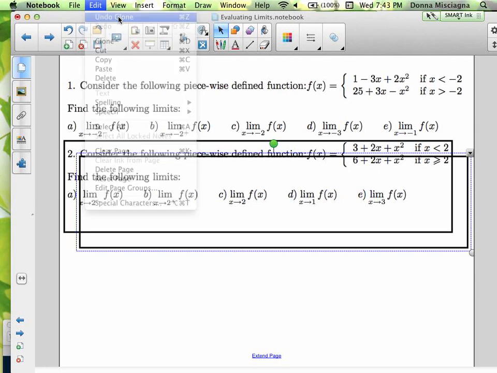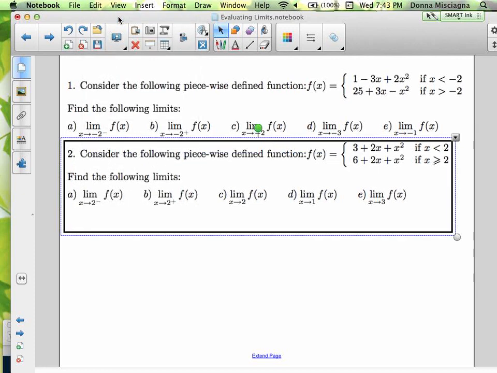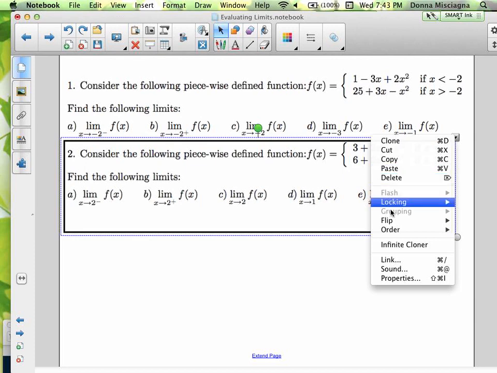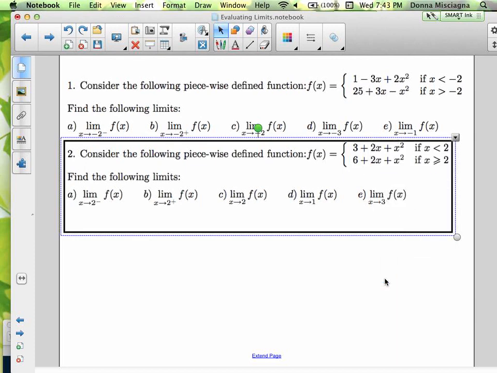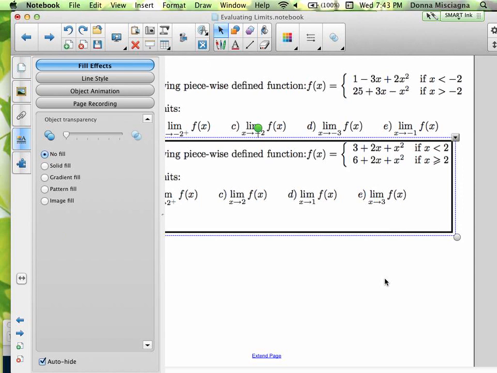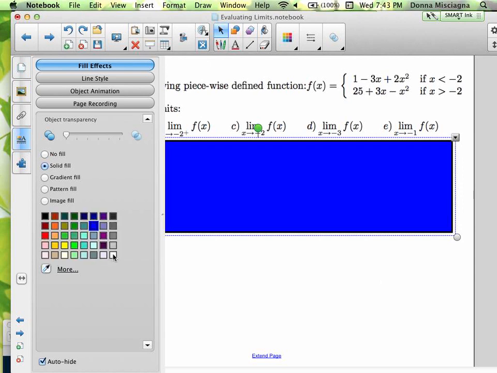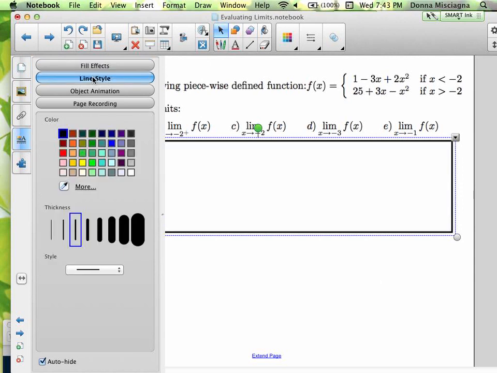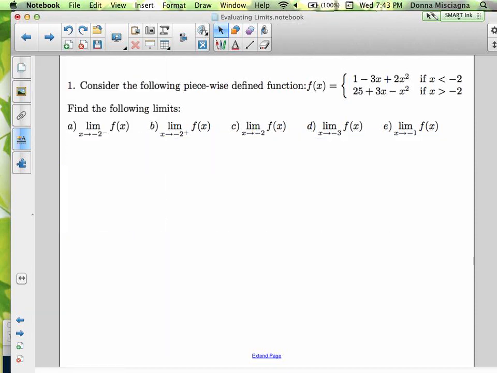How long will it take me? Undo that. All I want to do is properties. Yay! Turn this into a big white box. There! Actually, now I should have cloned it because then I could just push the box up.